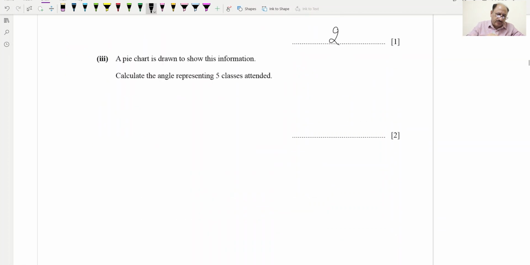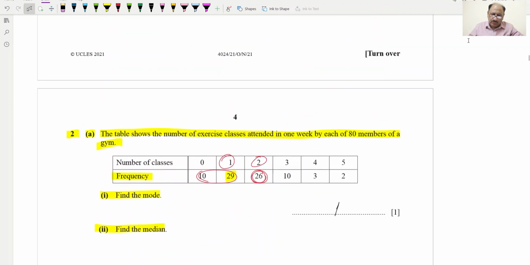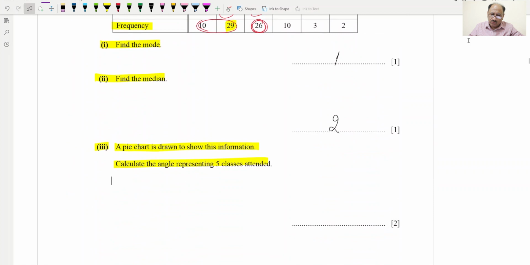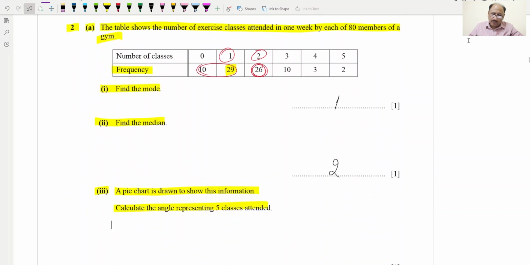Next is third part. A pie chart is drawn to show this information. Calculate the angle representing 5 classes attended. So a pie chart we need to show, so 2 out of 80.